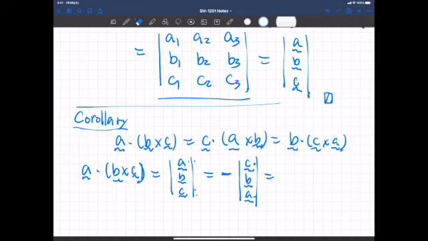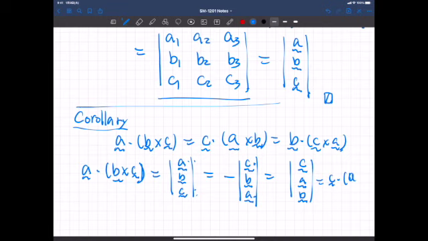Then if we swap the second row and the third row, we have again a negative sign, which will cancel this negative sign. So we have C A B, which is C dot A cross B, and the same holds true for this one.